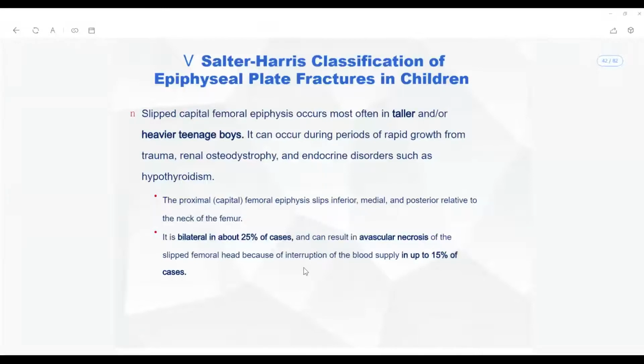Last time I told you, if avascular necrosis is happening in adults, it might be related to alcohol abuse and acute pancreatitis. It can also be related to endocrine problems such as hypothyroidism.